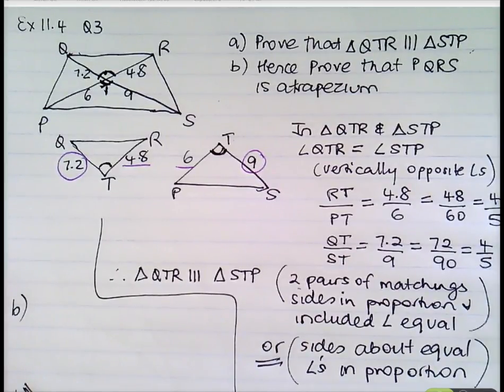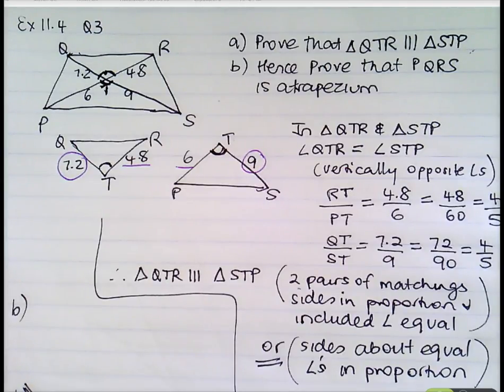What are the three tests for proving that two lines are parallel? What are the three rules associated with parallel lines? Alternate, corresponding, or co-interior? Which one is it?